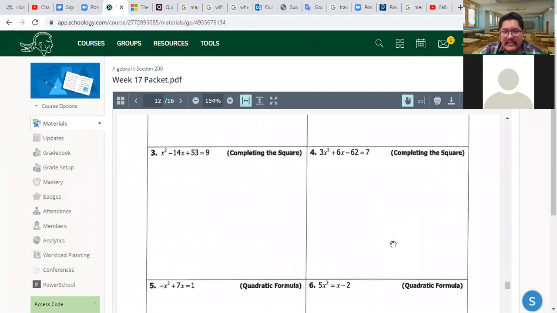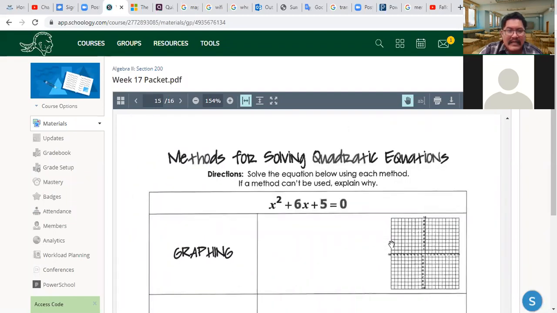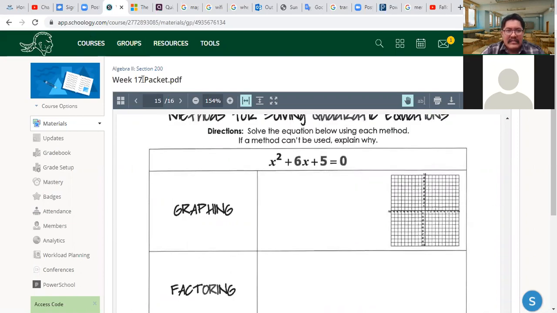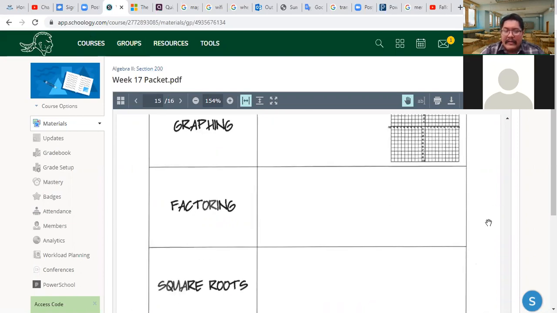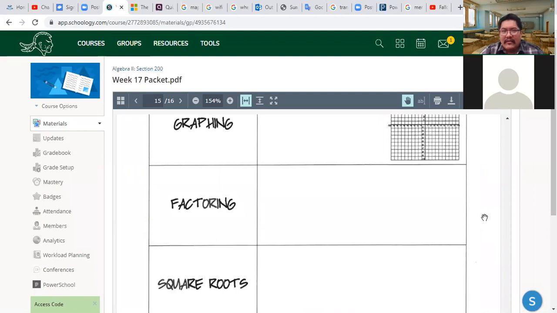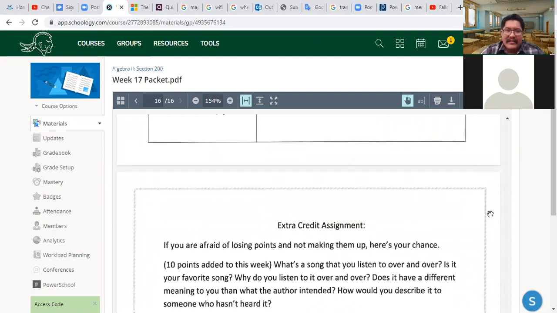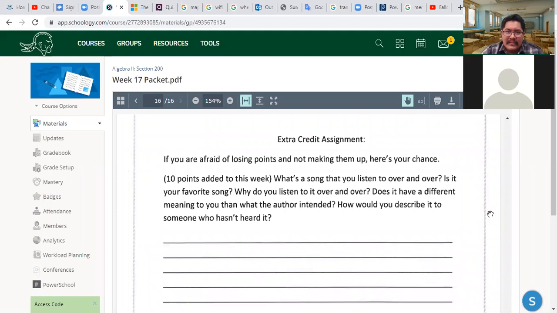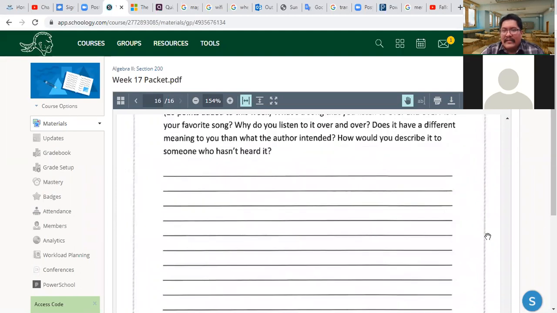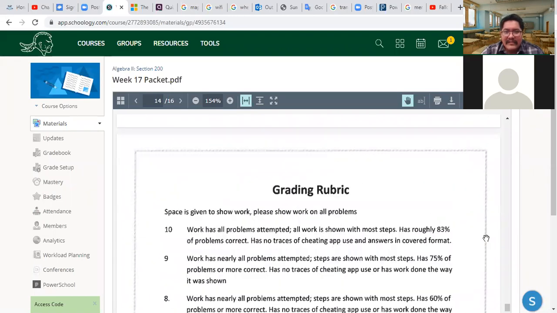So this is where we are. This is the last page of the week 17 packet that I gave you. There is also another packet that should be heading out to you. I called it week 18 part 1 because I didn't want to put week 17.5 or anything like that, because I didn't want to confuse anybody, but I guess it's still confusing.